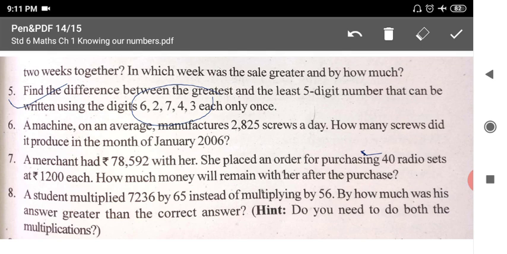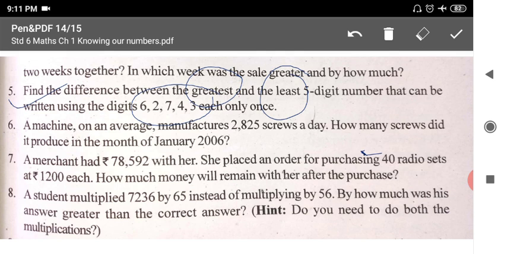We have to use each only one time, and we have to make 5-digit numbers. One is the greatest number and the least means the smallest number, and then we have to find its difference. Difference means subtract. So first we will make the greatest 5-digit number and then the smallest, and then we will subtract.